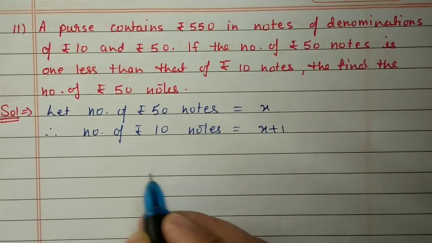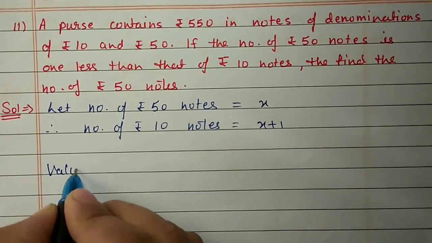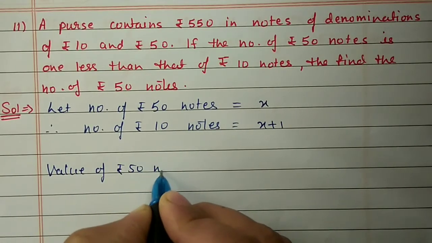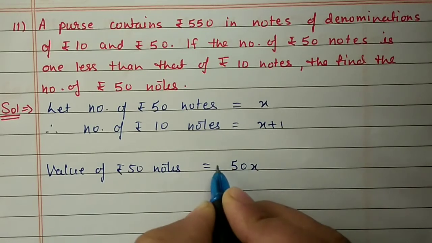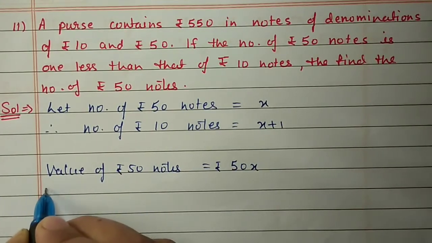Now we will find out the value of these notes. Value of 50 rupee notes will be 50 into x. Number of notes we will multiply with the money.